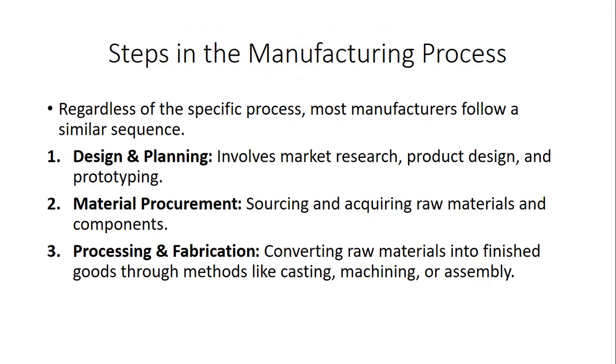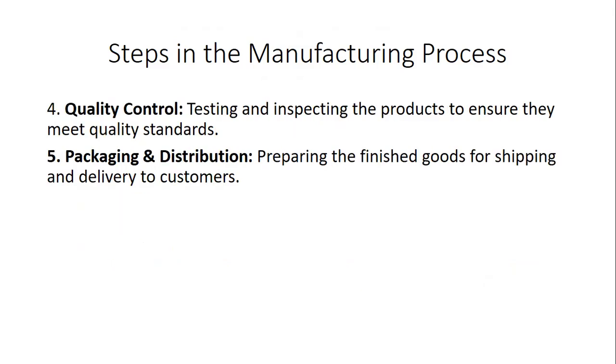Next, processing and fabrication: converting the basic raw material into finished goods by adopting various manufacturing techniques, say casting, machining, or assembly. Next one is quality control. After making the final product, we have to test and inspect whether the product meets the necessary quality standards as prescribed by the customer's expectations.